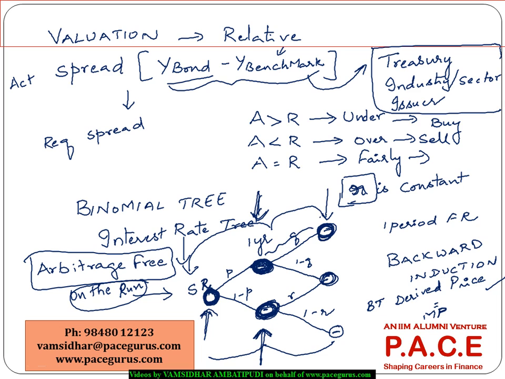Now I would like to look at one example, getting into the valuation of a bond. First, to start with, an option free bond. Then we'll add a call option and a put option to the bond, find out the value of that call option.